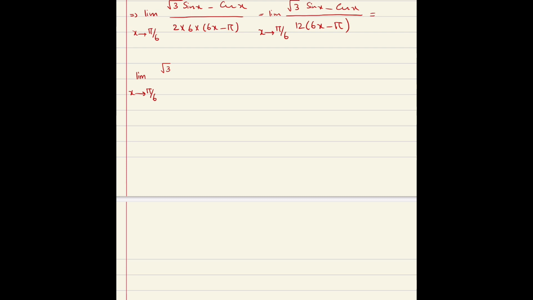So it would be root 3 times sine pi over 6 minus cosine pi over 6, over 12 times (6x minus pi), or 6 times pi over 6 minus pi. So if we replace the x, we can see that both the numerator and the denominator would be equal to 0 again. So 0 over 0.